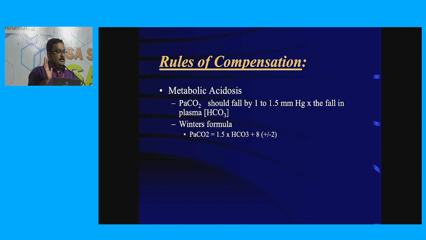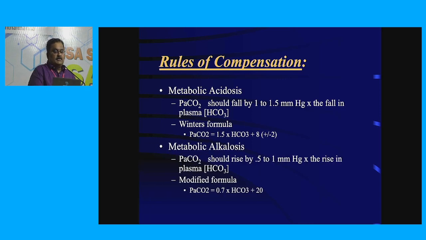You multiply by 1.5, that becomes 15, plus 8, around 23. So PaCO2 will be around 23. The PaCO2 has come down, the lung has compensated. In metabolic acidosis, the patient will be tachypneic.